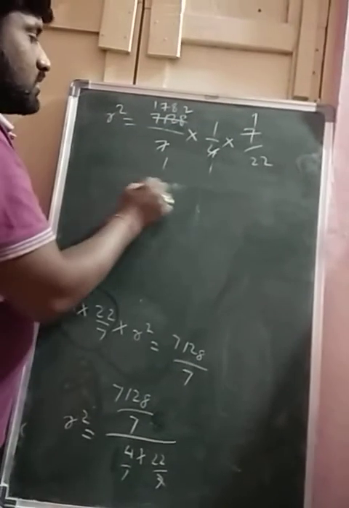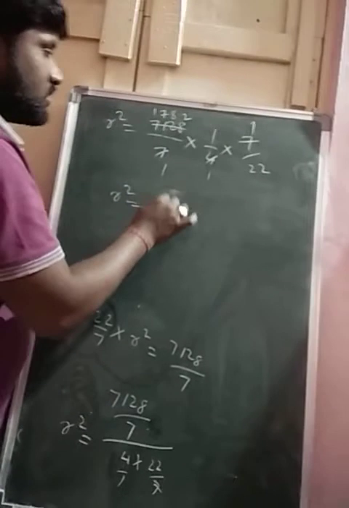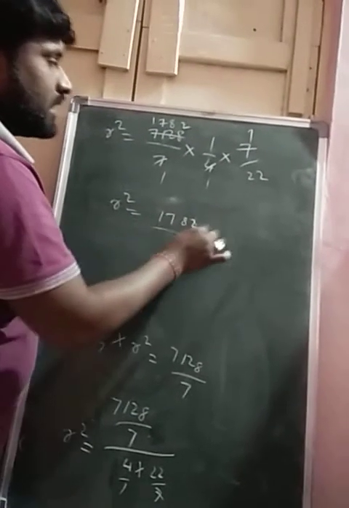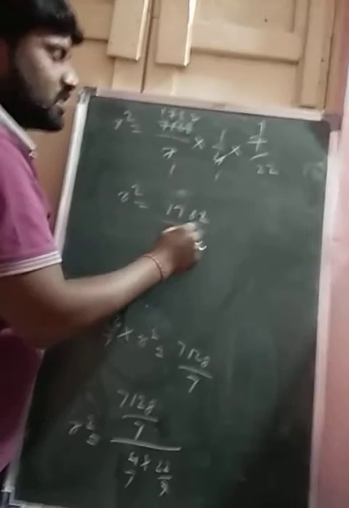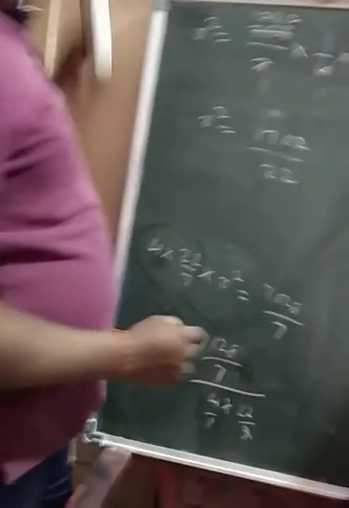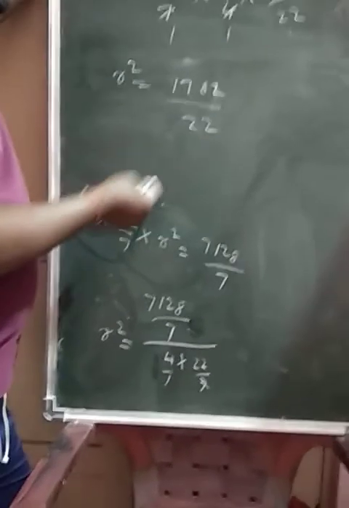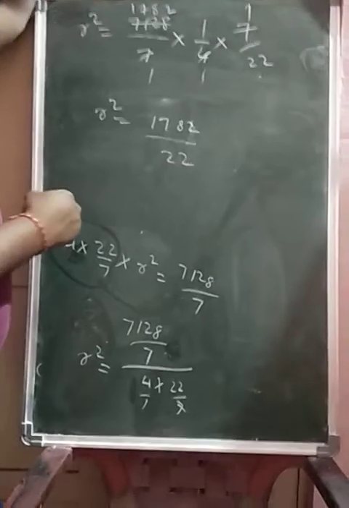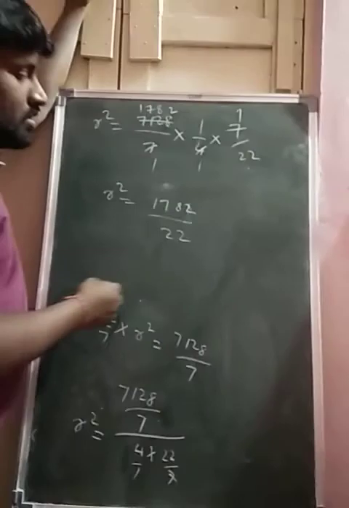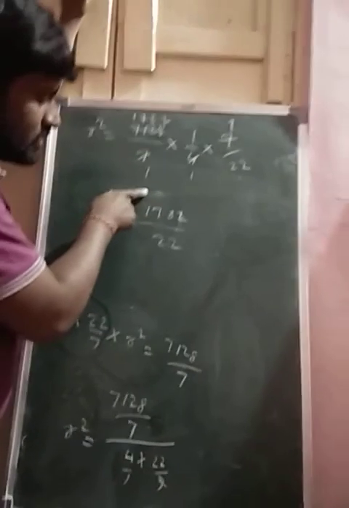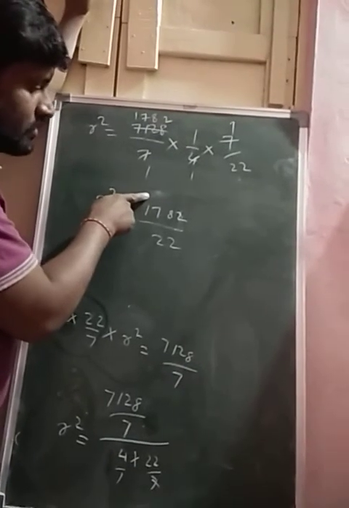Okay, now R square is equals to 1782 by what, Nana? This is 22. So here let's see whether the 11 table is used. Okay, 11 1s are 11.